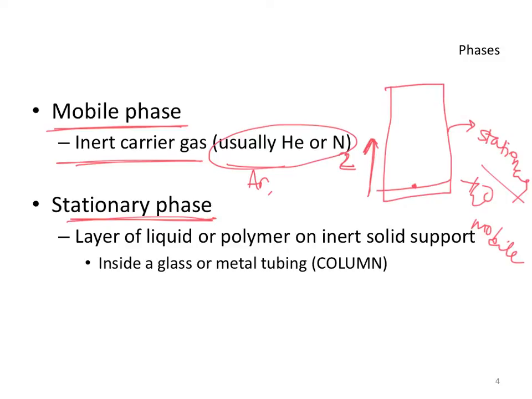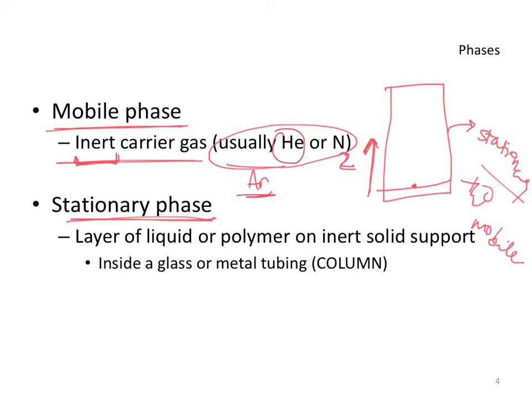My question to you is, okay, I understand helium, I understand argon. These are noble gases, and that's why probably we are using them, because focus on the words inert carrier gas. You don't want to inject the sample and then use a carrier gas like fluorine or oxygen, which is going to oxidize your compounds.